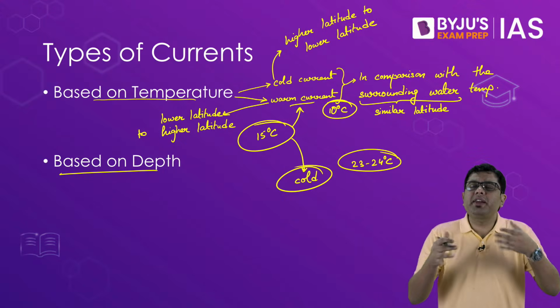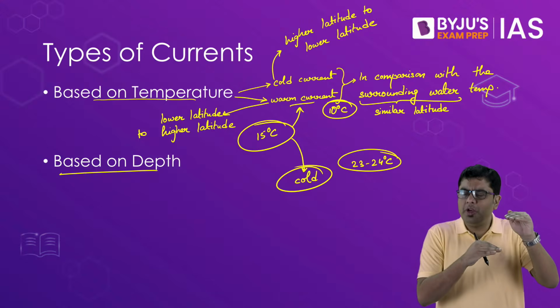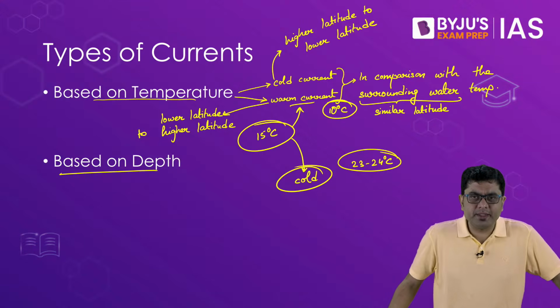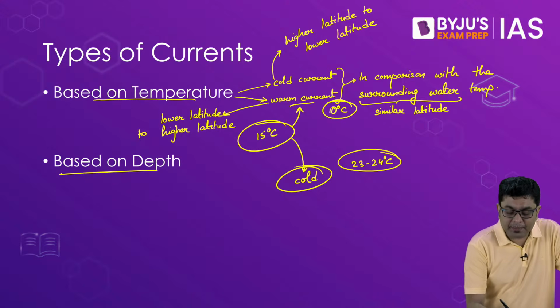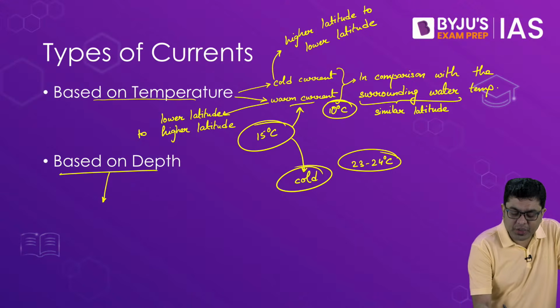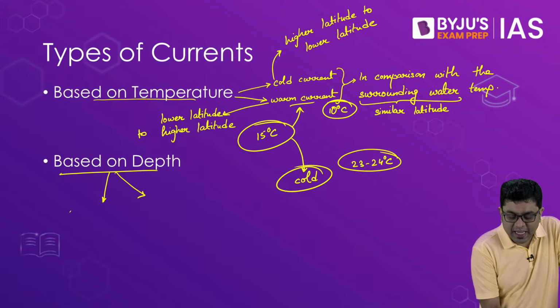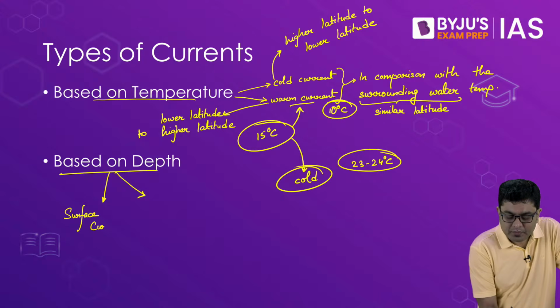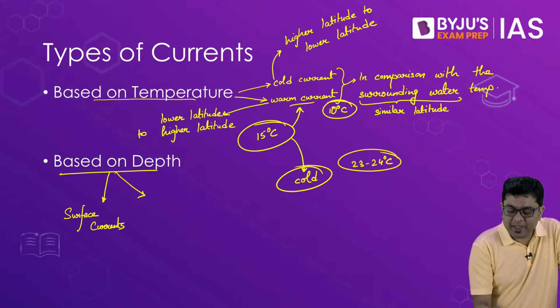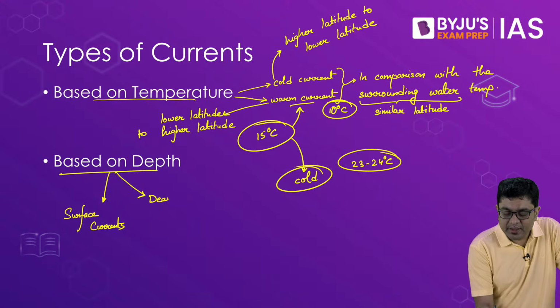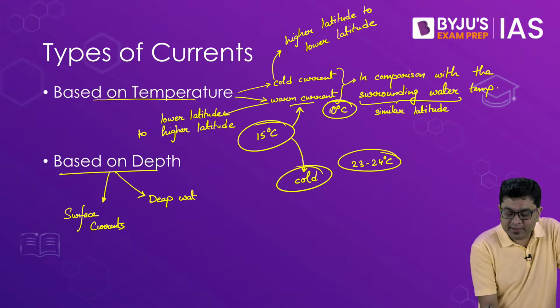All these are restricted up till a depth of only around 300 to 400 meters. So based upon depth, we have a classification into two types: we have what we refer to as the surface currents, and then we have what is referred to as deep water currents.